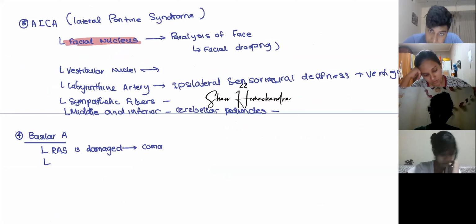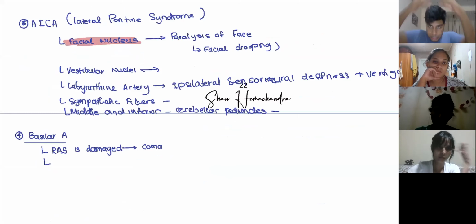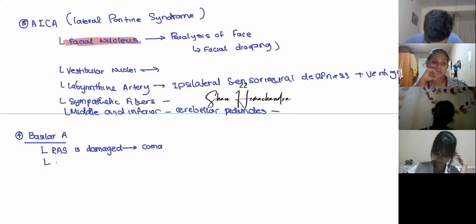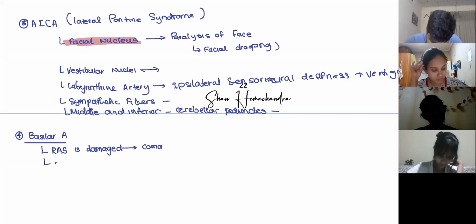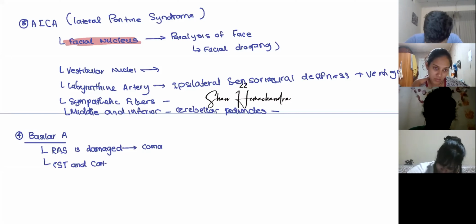And this is the big artery that is going to supply literally all the descending and the ascending tracts. That is basically the corticospinal tract and the corticobulbar tract.